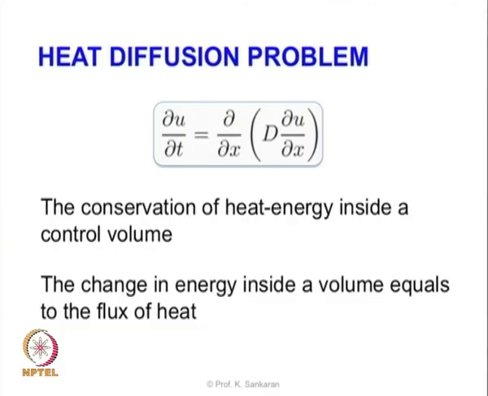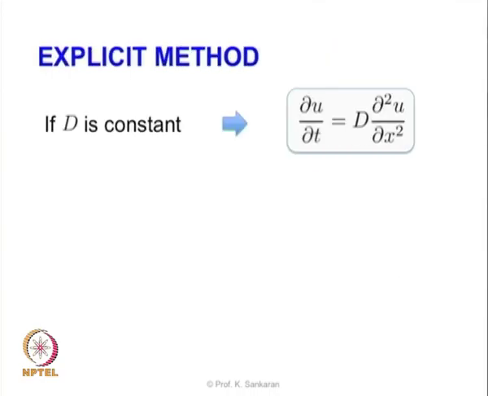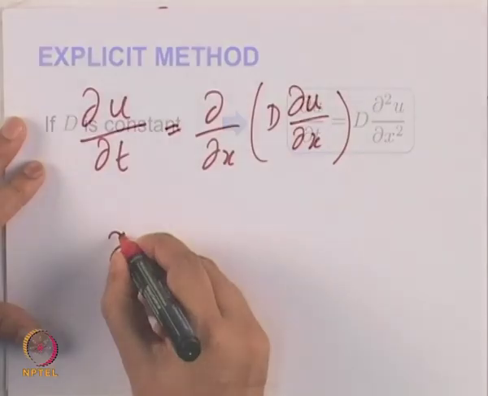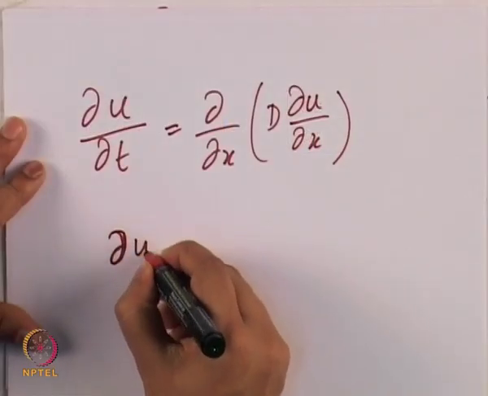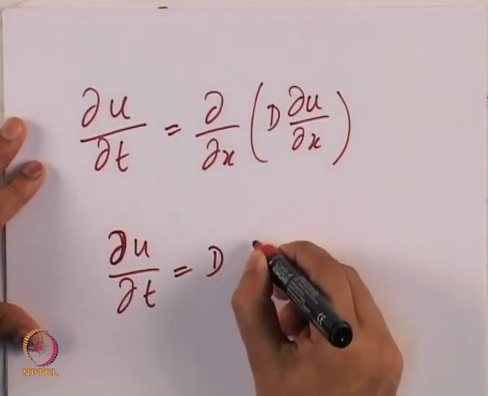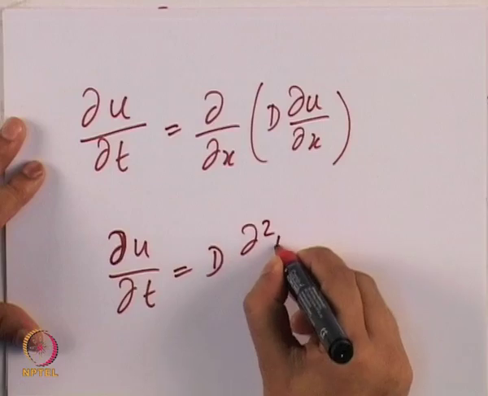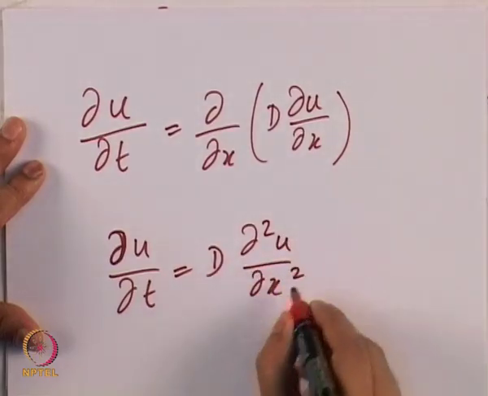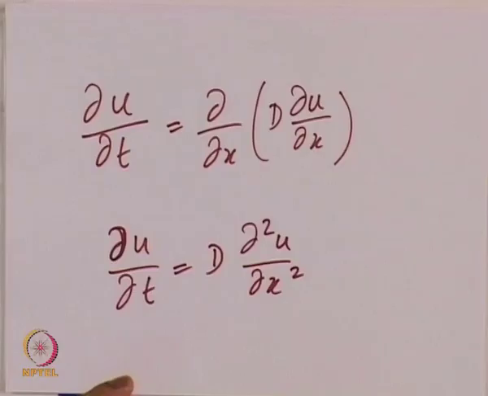So if we set d equal to constant in this particular equation, we get the second order in space partial differential equation of the form given here. So we will have du by dt is equal to d times d square u by dx square. This is second order in space and first order in time.